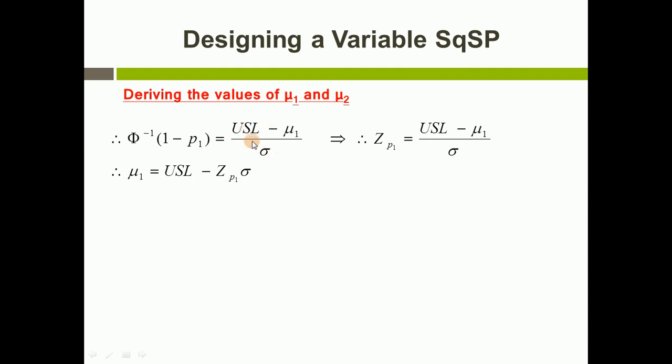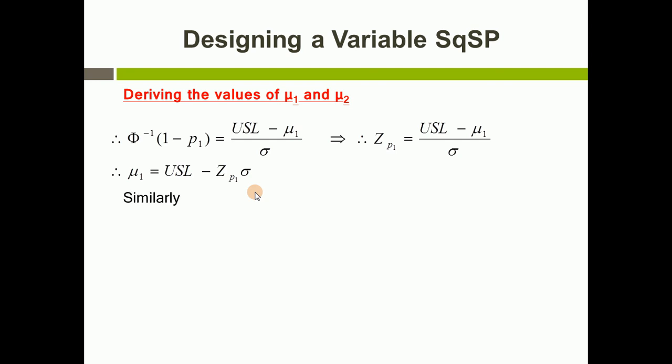This means that we are searching for this value from the Z table such that the area on its left is equal to 1 minus P1. 1 minus P1 is a probability that exceeds the value 0.5. This means that phi inverse of 1 minus P1 is equivalent to a positive value, and this positive value is called ZP1. Working this out, you will find that mu1 is equal to the upper specification limit minus ZP1 sigma.